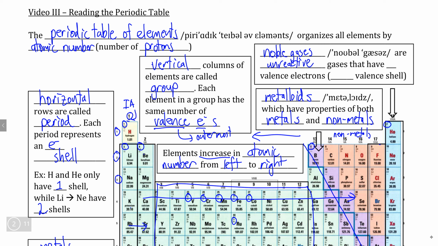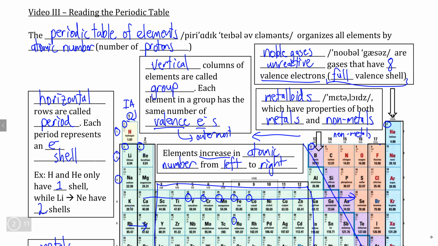And the reason why they are completely unreactive is that they have 8 valence electrons. Now, in the next video, we'll look at the significance of having 8 electrons in its outer shell, but the short of this is that noble gases cannot gain or lose electrons because their outer shell is full.